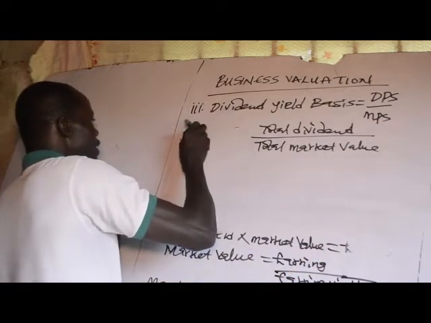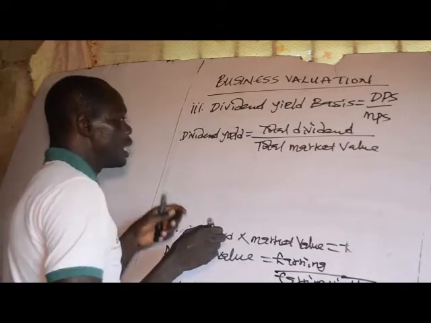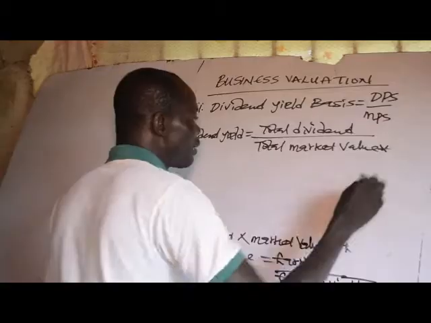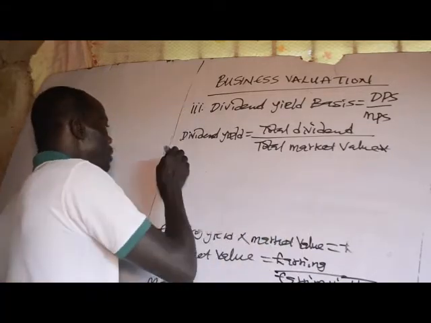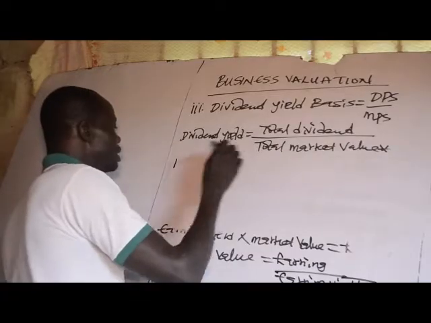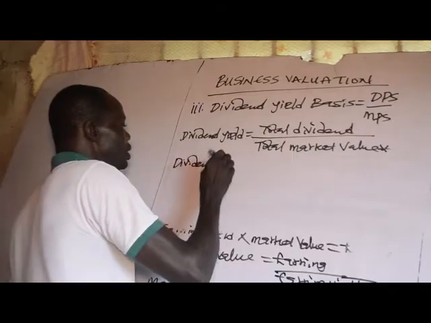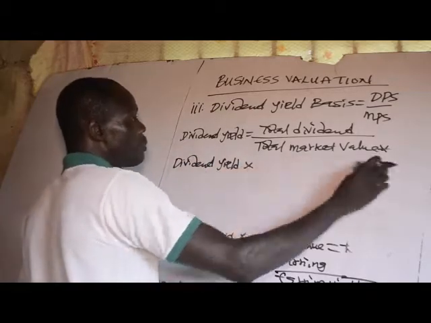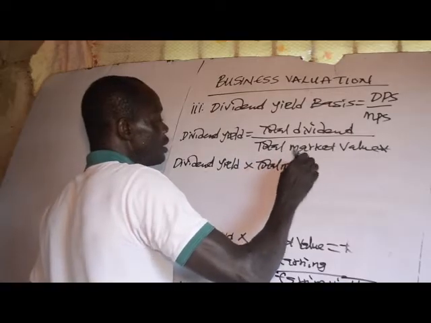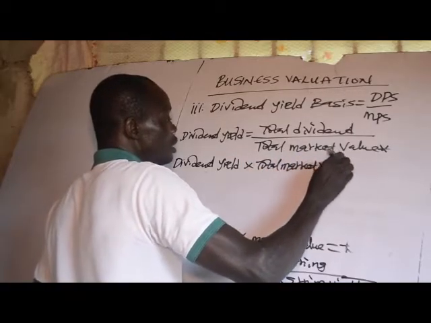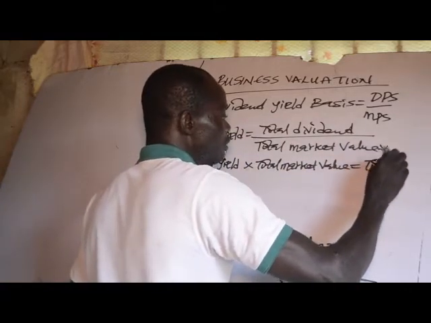That is dividend yield. I've told you that to use this model to value a business, what you want to determine is the value of the business. Just make the total market value the subject of the formula. So the formula becomes dividend yield times total market value equals total dividends.